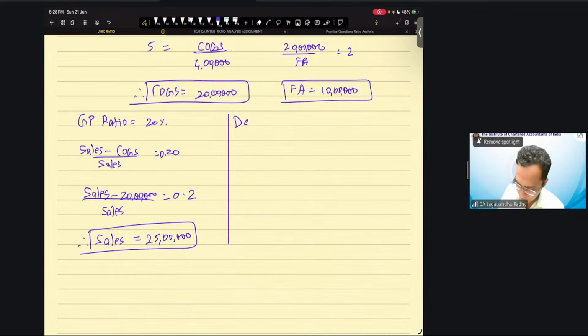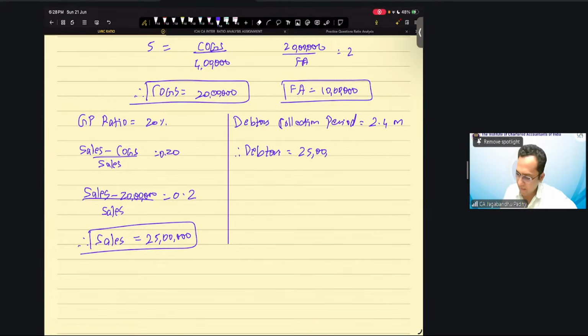So debtors will be 25 lakh into 2.4 by 12, because out of the entire sales, 2.4 months of sales is outstanding as debtors.